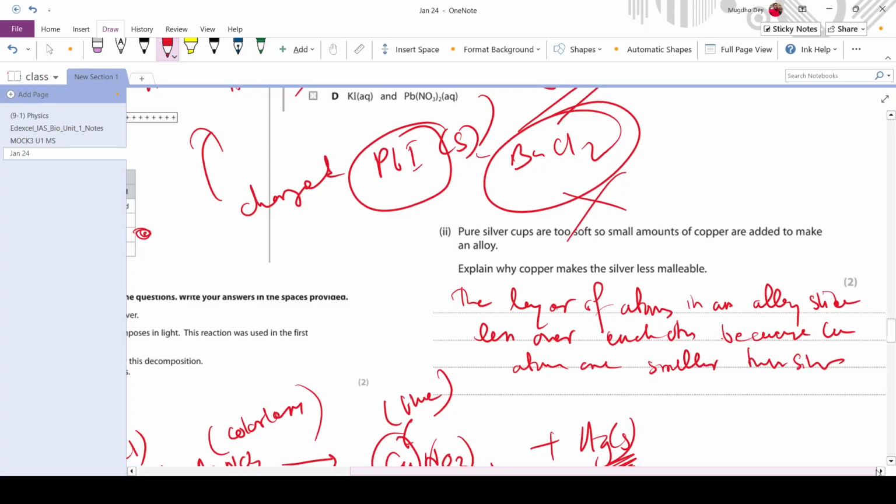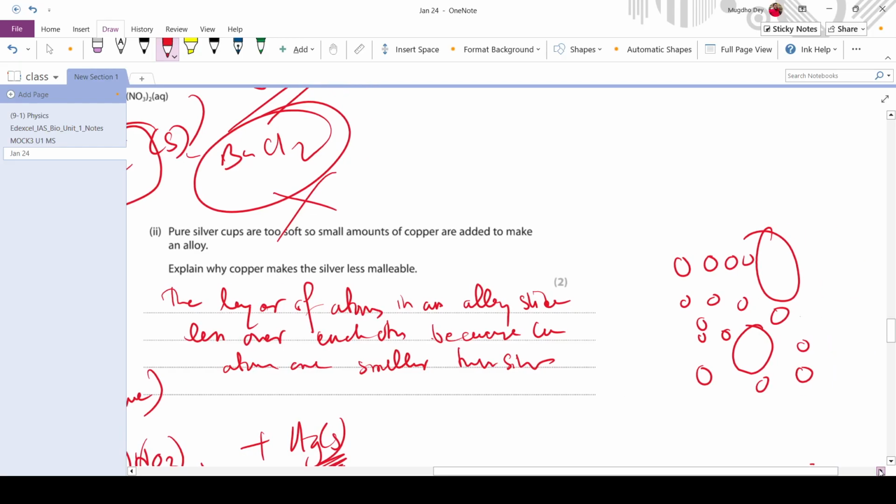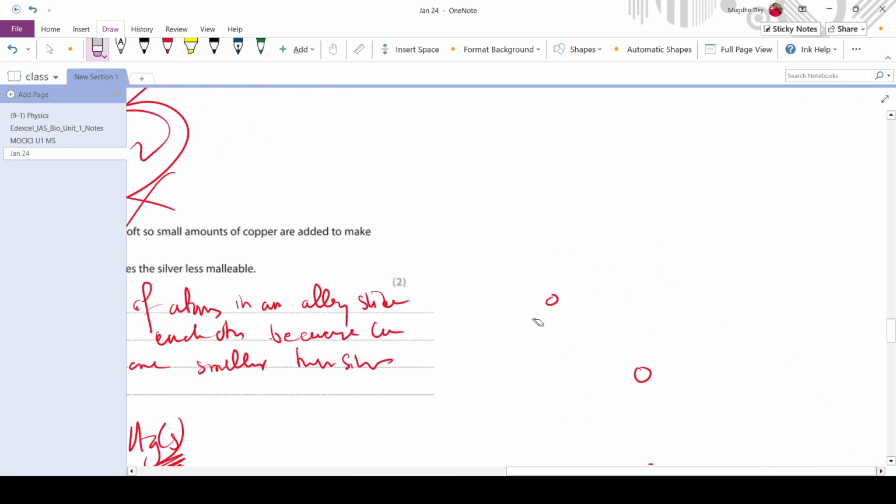I think everyone is familiar with the alloy structure, isn't it? What happens in an alloy structure? So this is an example of an alloy structure. Wait one minute, let me show you very nicely. This is a big one.